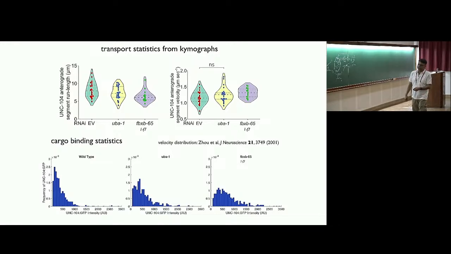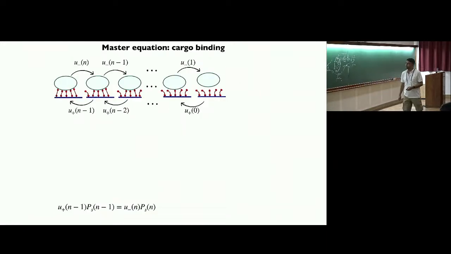You see that the peak shifts towards larger values under these mutations in which the ubiquitin pathway, specifically E3 ligase, is perturbed. So you have better cargo binding, but can we understand this distribution? That's the first question.